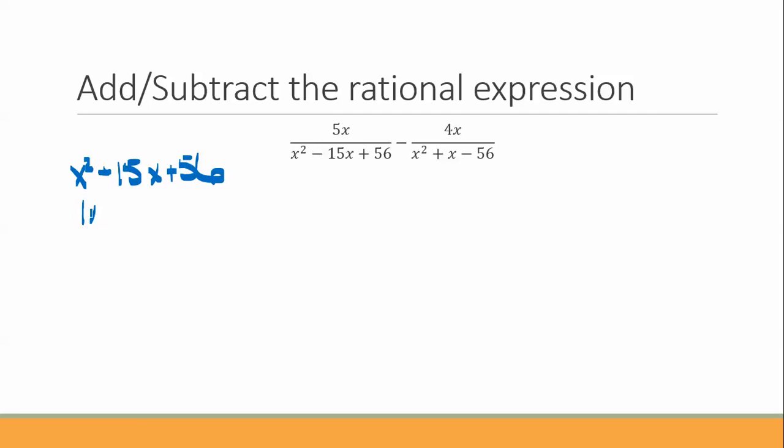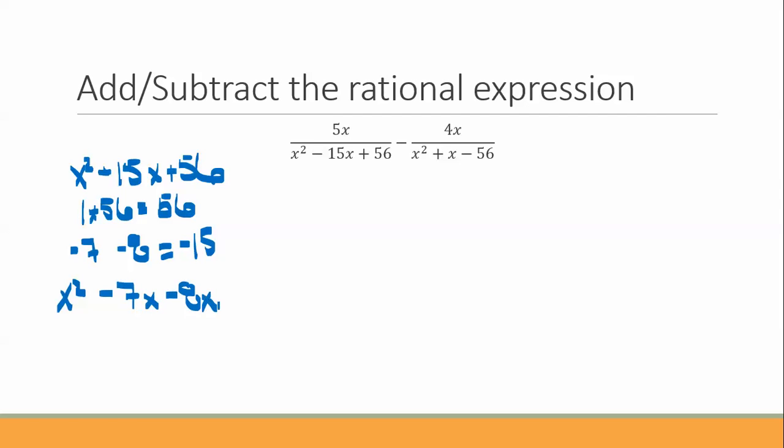So that's 1 times 56 is equal to 56. The factors of 56 that add to minus 15 are minus 7 and minus 8. So we have x squared minus 7x minus 8x plus 56.